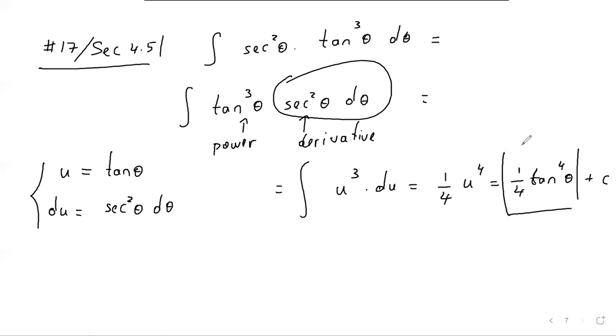Let me just write this nicely here. So 1/4 tangent to the 4 theta plus c. All right, so this is the antiderivative there.